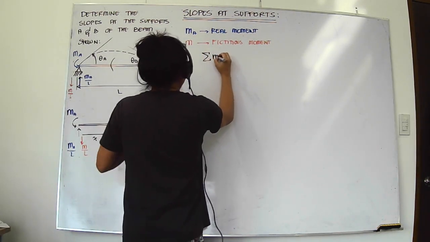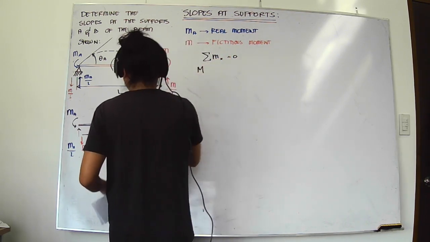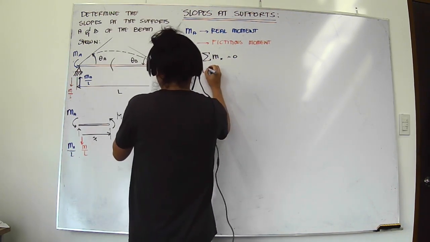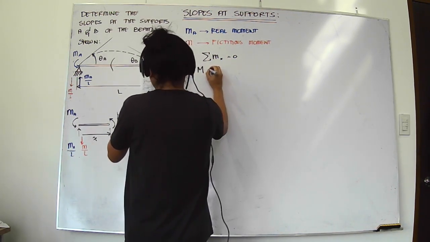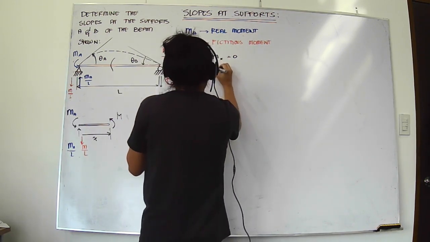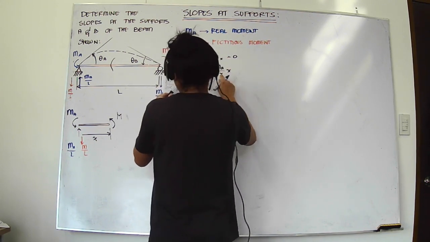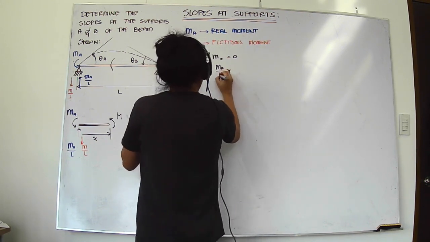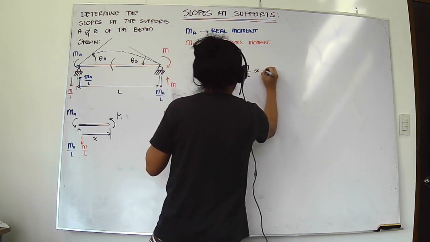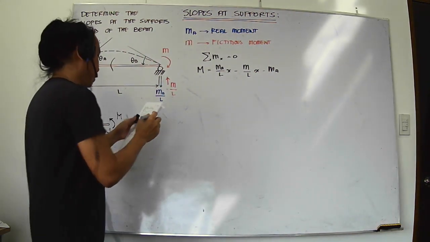Summing up moments at x is equal to 0. M, along with the basic MA. So, or rather, I can just say from that, over x times L, minus M over L x minus MA. Okay? So you have something like this.